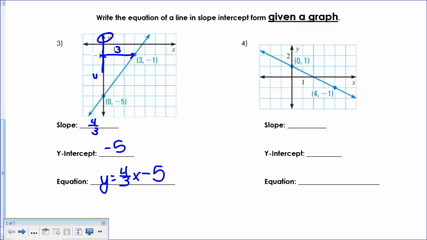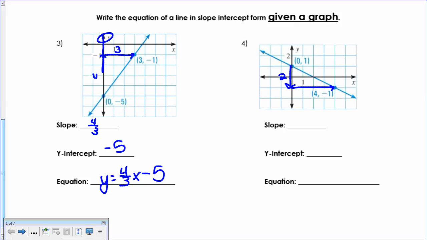All right, next one. Just notice that the line is going the other way. So again, what is our rise and what is our run? We have to go down and over. How far am I going down? I'm going down this way. 2.